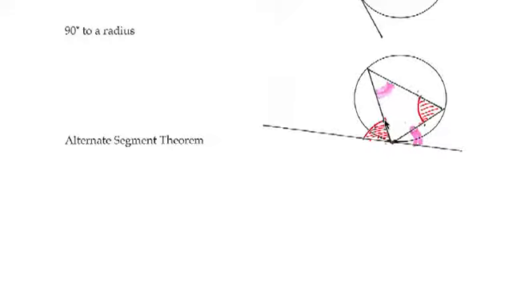Now it's easy to remember this if you think that this is the angle that touches this side within the triangle. So it's the same as the angle between the other two sides of the triangle. And the same for this pink one here. This is the angle that touches this side of the triangle, so it's going to be the same as the angle between the other two sides of the triangle. Now you should be able to do the worksheet.